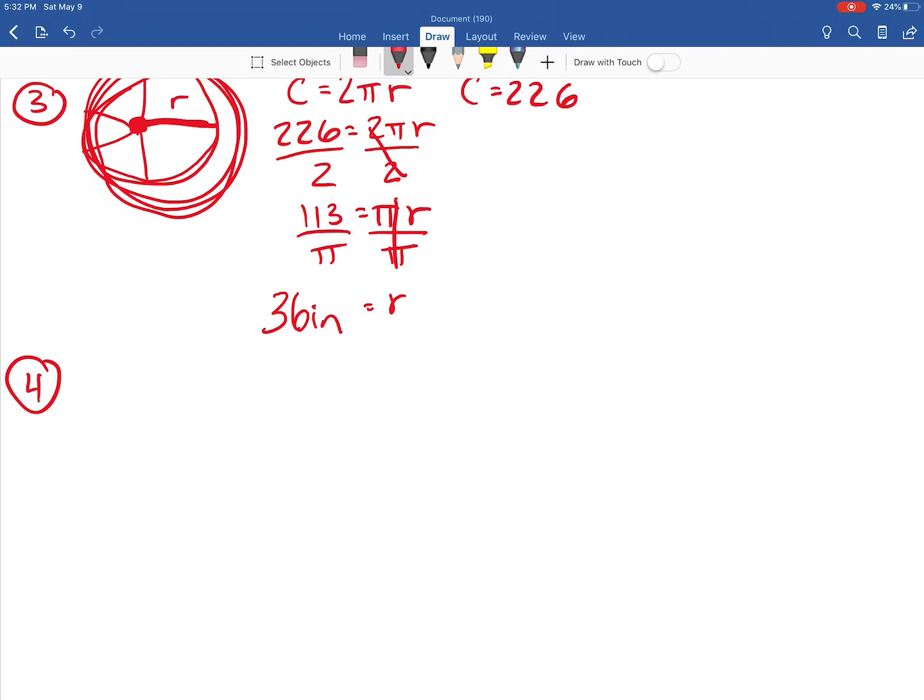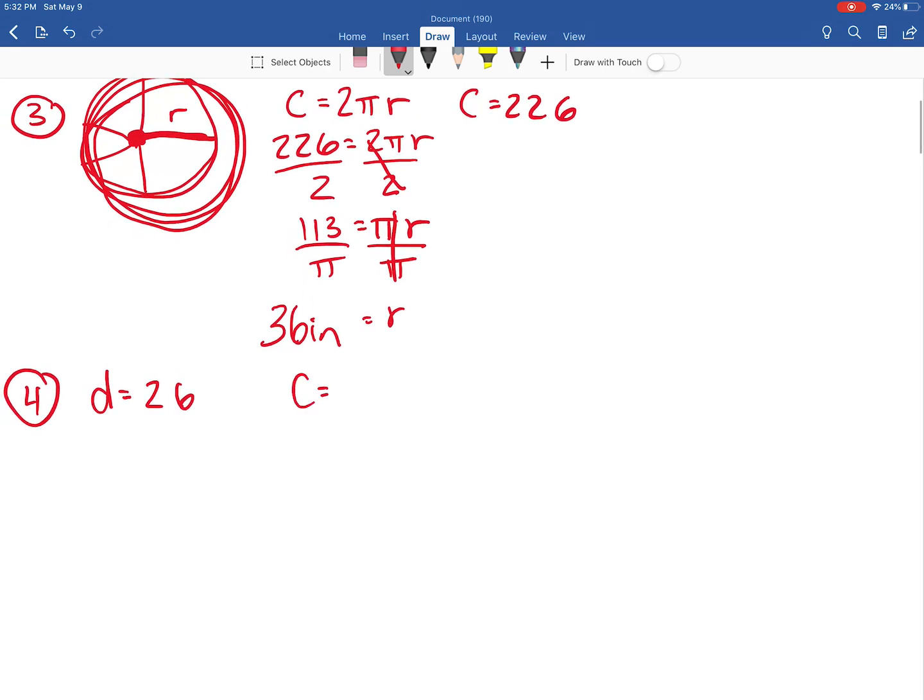Number 4. Suppose a car tire has a diameter of 26. How many complete rotations will the tire make if it travels 1 mile? Well, first I notice that it gives me the diameter. If I'm talking about a full rotation, I'm talking about the circumference. So I'm going to choose the circumference formula that uses diameter.